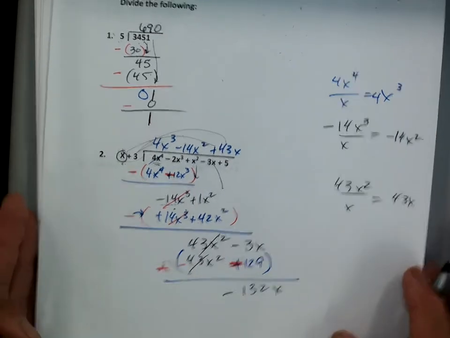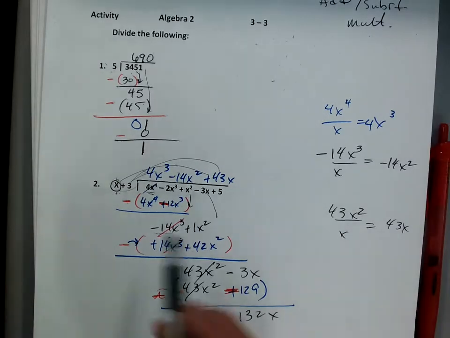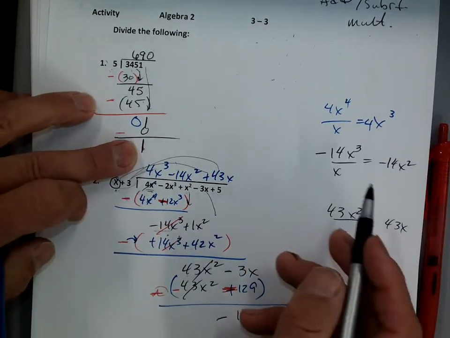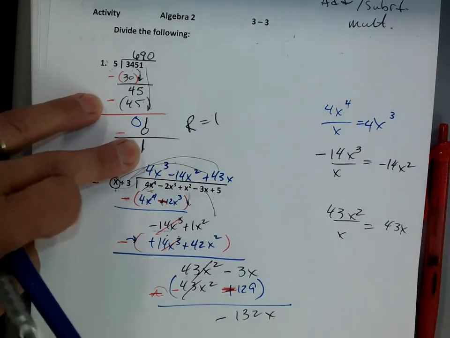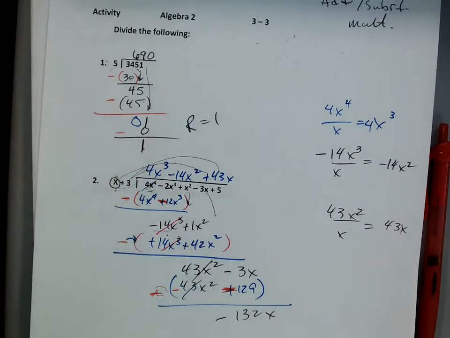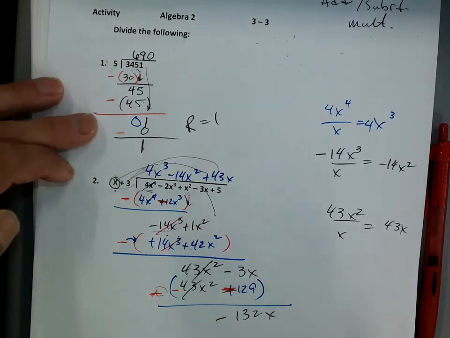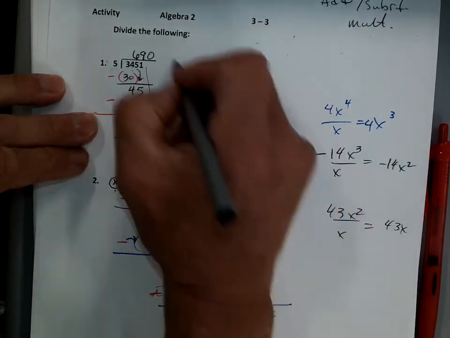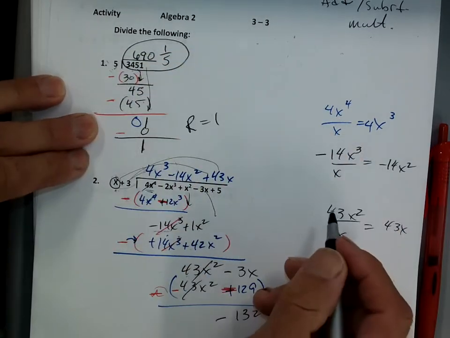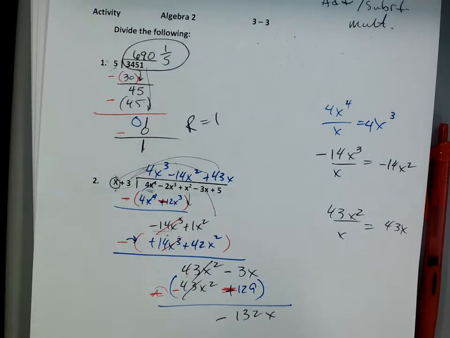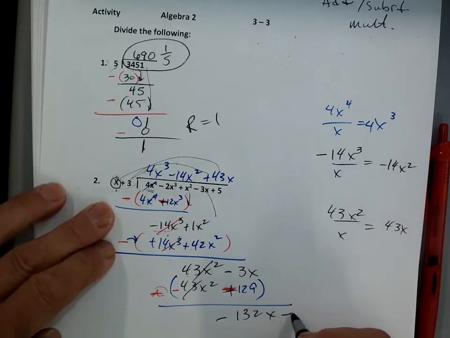Now, we're almost done. 5 does not go into 1. We're done. So we're going to have a remainder. But we don't write it as remainder 1. That's silly. We're going to write it as 1/5. There's my answer.